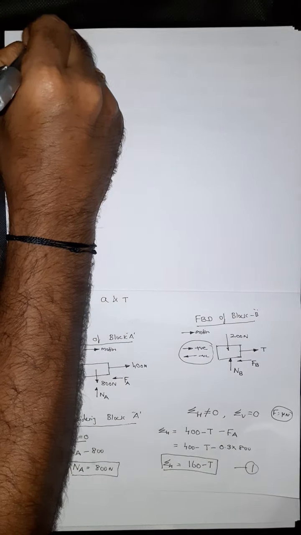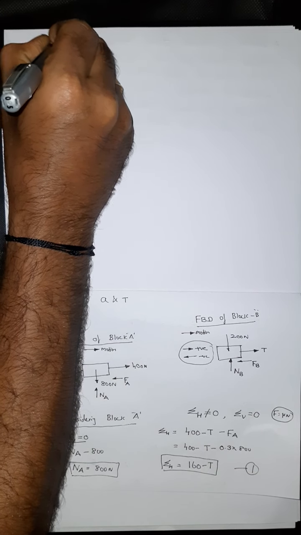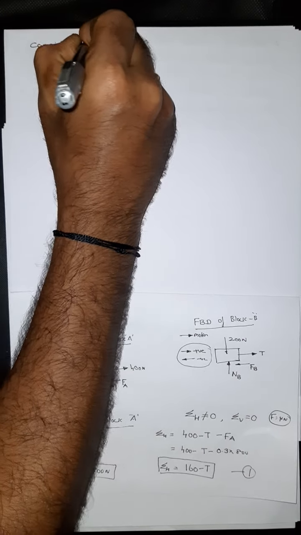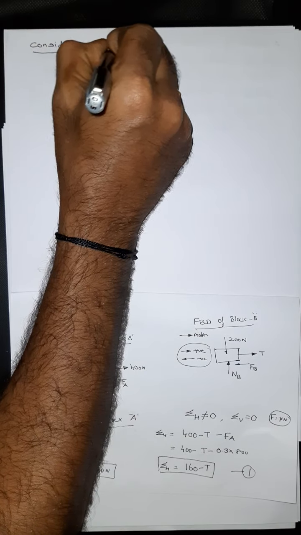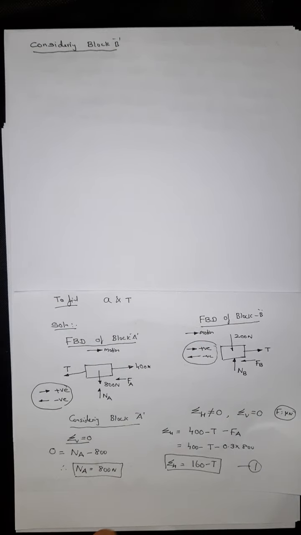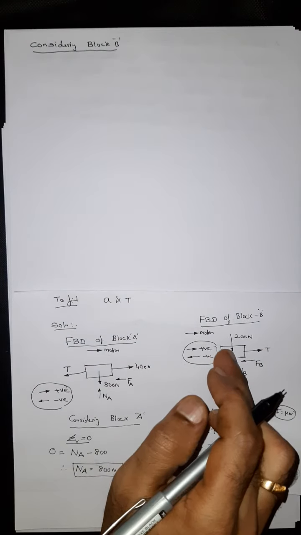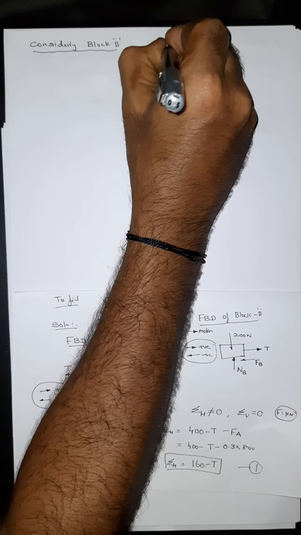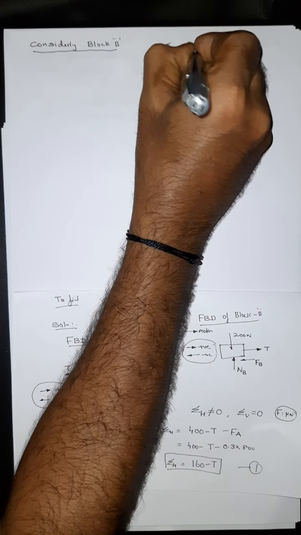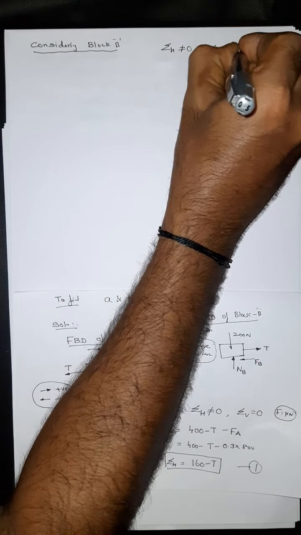Now I am going to consider block B. Here, as far as block B is concerned, it's moving in the horizontal direction, therefore summation H is not equal to 0, summation V equal to 0.